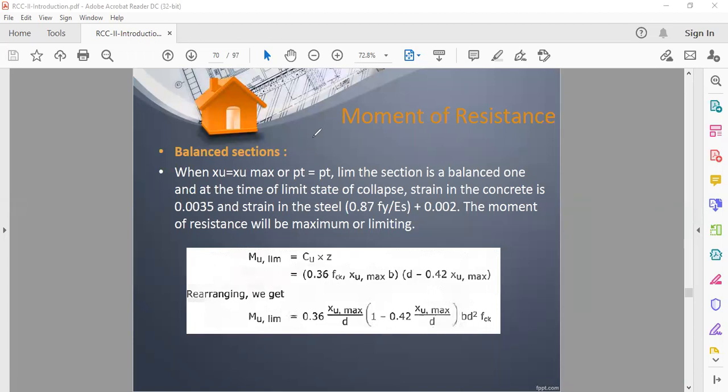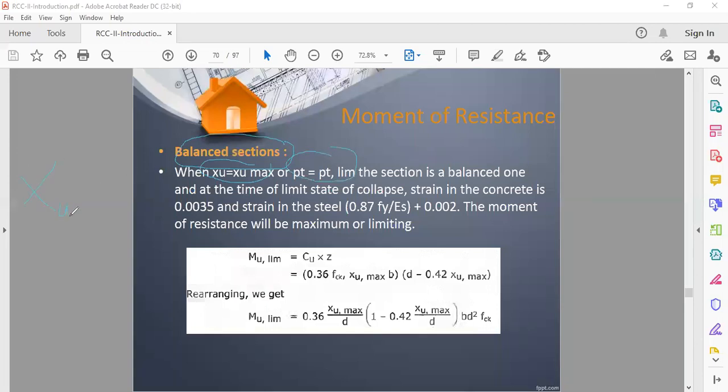So when do we say it is a balanced section? If we look at it, when Xu equals Xu max or Pt equals Pt limiting, this is the condition.